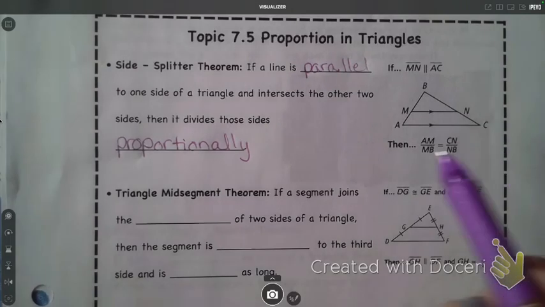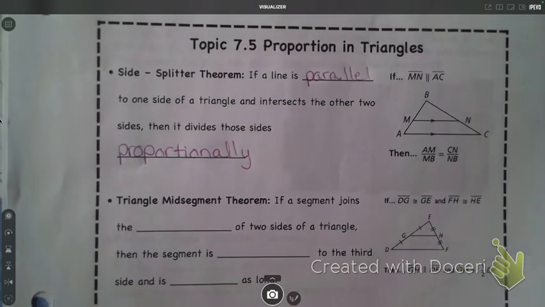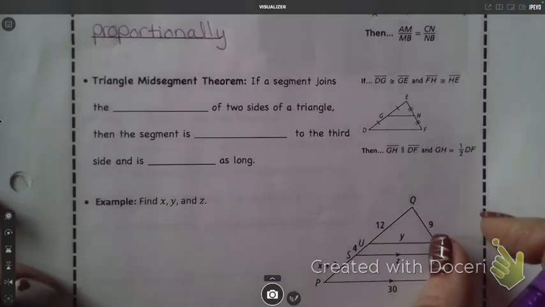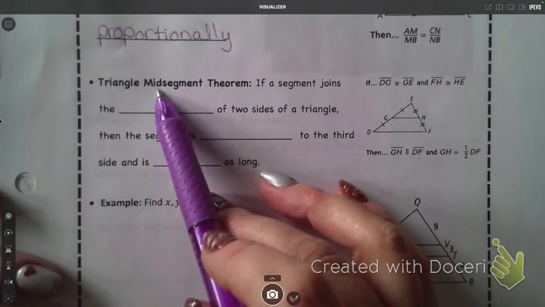So is this like the one that you helped me with? Kind of, there's more to it. Okay, so now it says triangle mid segment. What does mid mean? The middle. Okay?